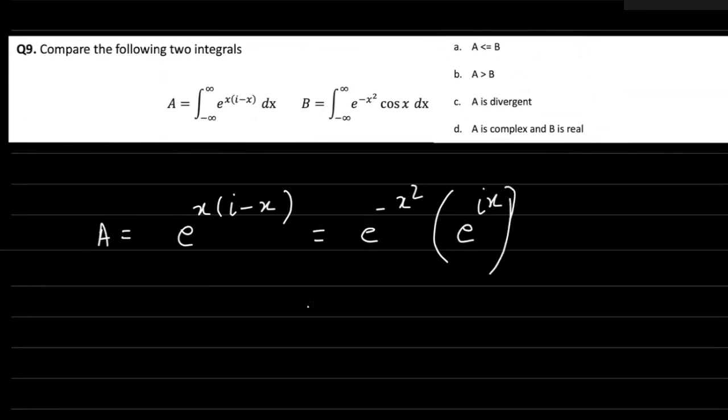Now, A, you can write it as, let's see first, let's expand this. It will become e to the power minus x square into e to the power ix. And you know that expansion, e to the power minus x square, cos x plus i sin x. Okay. Now, note that e to the power minus x square can be split into this thing.